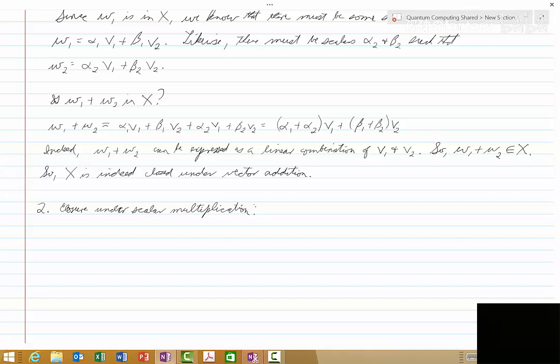Okay, so now let's see how that would go. We'll start off as before. We'll let W1 be any vector in X and lambda be any scalar.